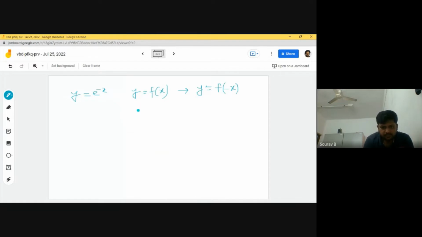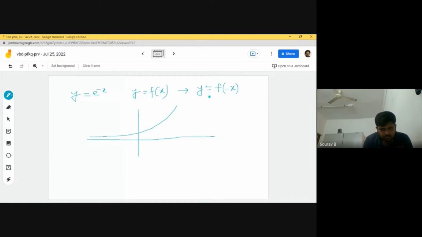See, this is the graph y equal to e to the power x.